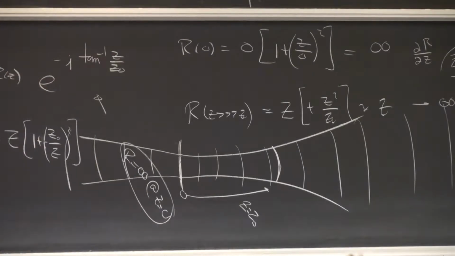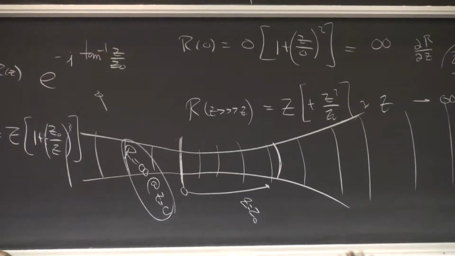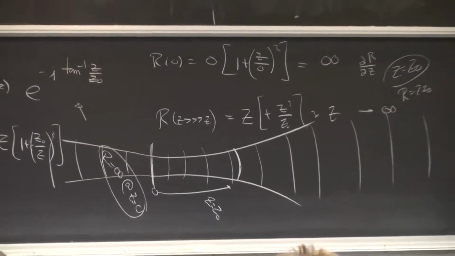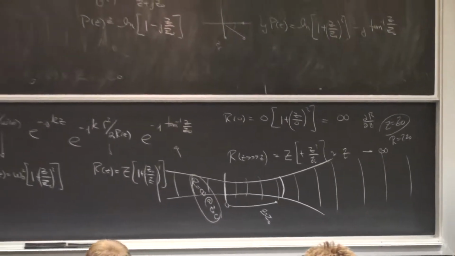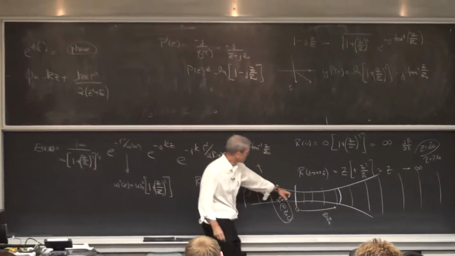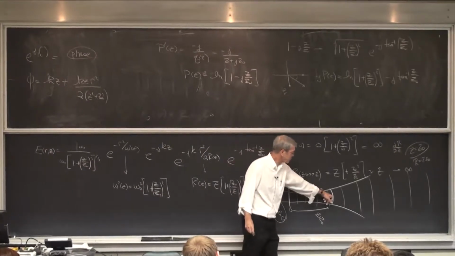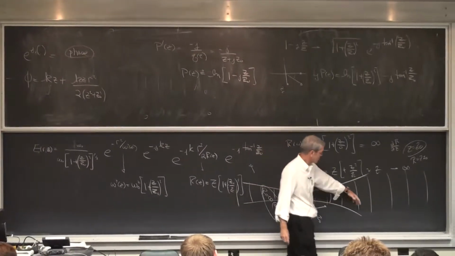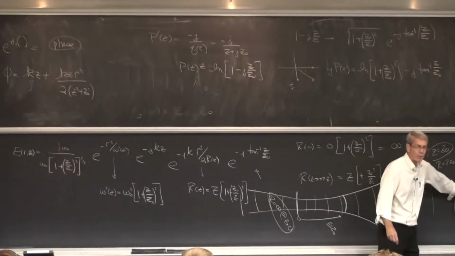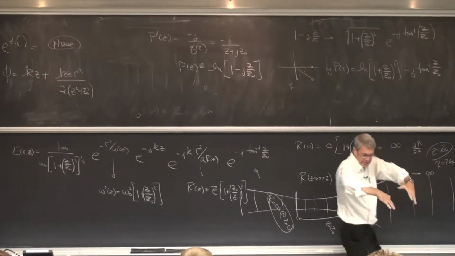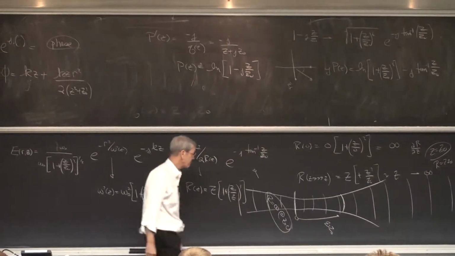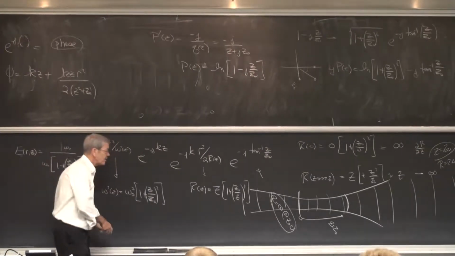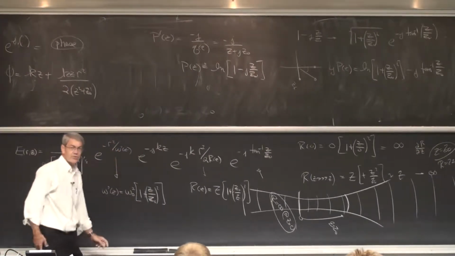Z naught comes back. Z naught, it's the universal answer. So I'm flat, or infinite radius, here, with maximum curvature at z naught. Then you never reach a plane wave again, but you're just slowly getting a larger radius as you go beyond that. All right, we've gone over, but that gives you a snapshot.